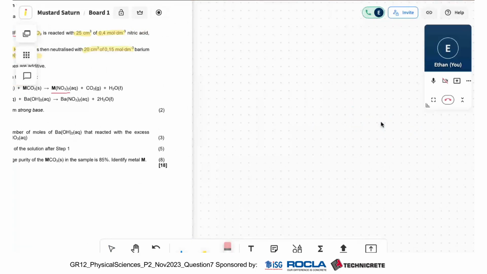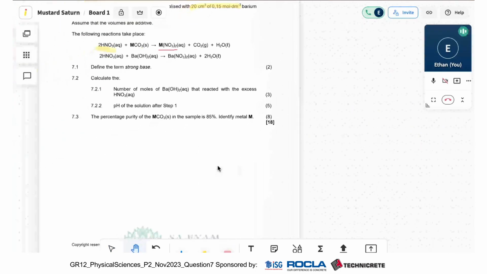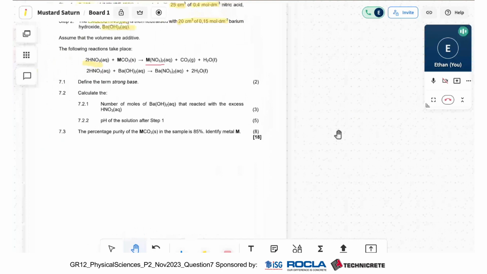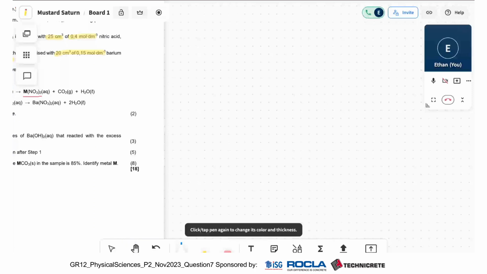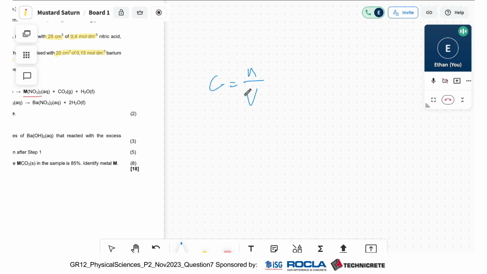Calculate, just clear my board. Calculate the number of moles of barium hydroxide that reacted with excess HNO3. So, all right. Here we just need to remember our simple equation that concentration equals moles over volume.